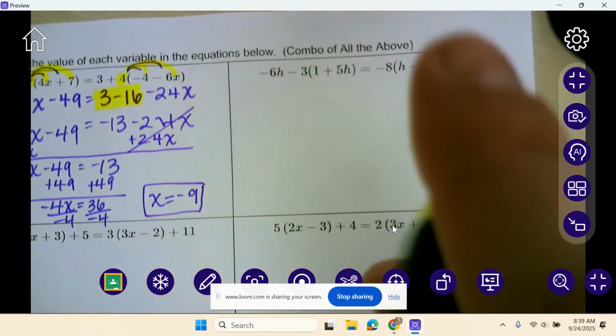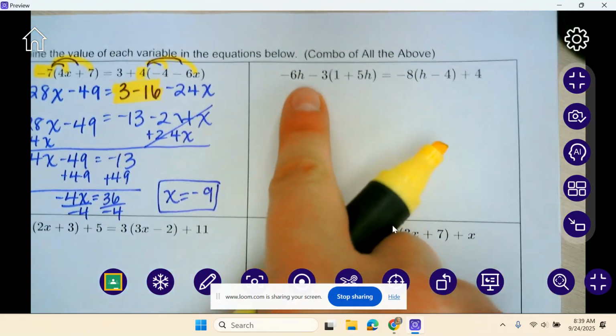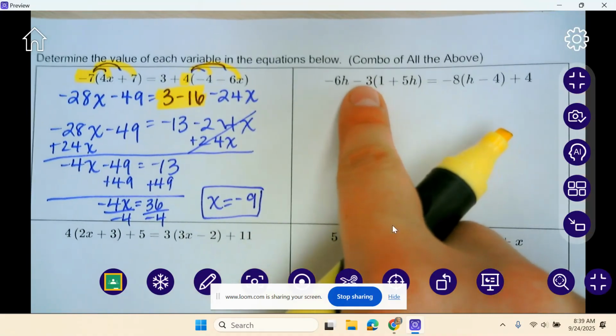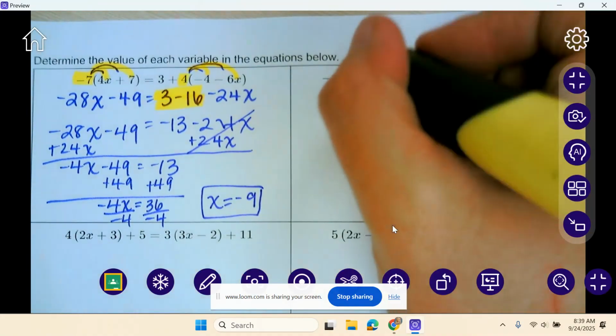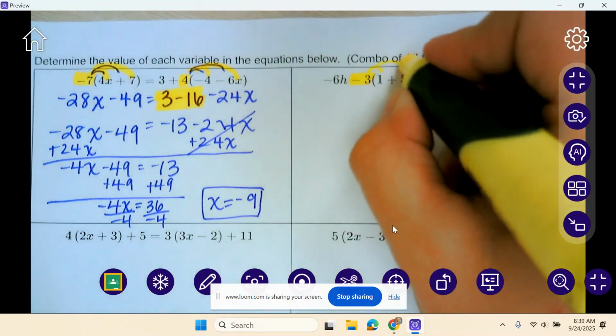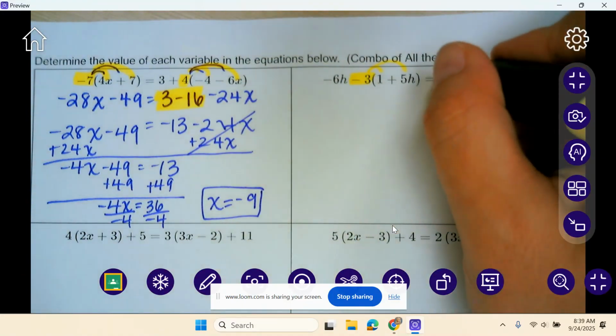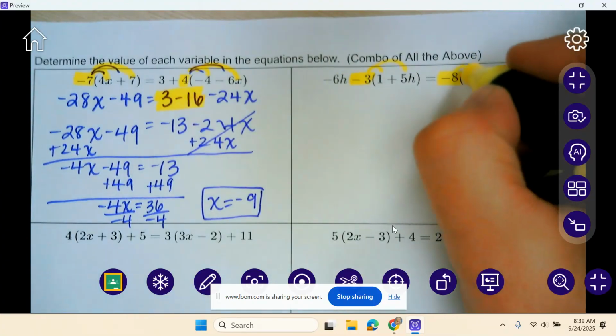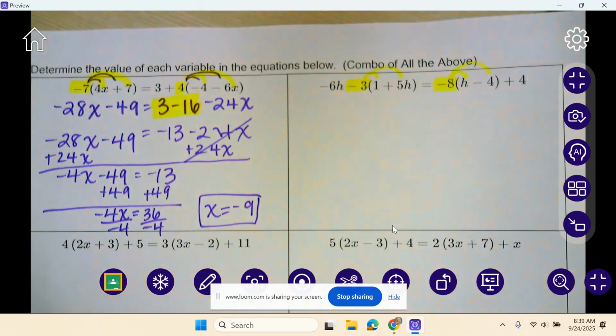All right, same thing with the distribution over here. If there is a negative in front of the number or a subtraction in front of the number you're distributing, that goes with it. So it's -3 times +1 and -3 times +5. This one is a -8 times h and a -8 times a -4.